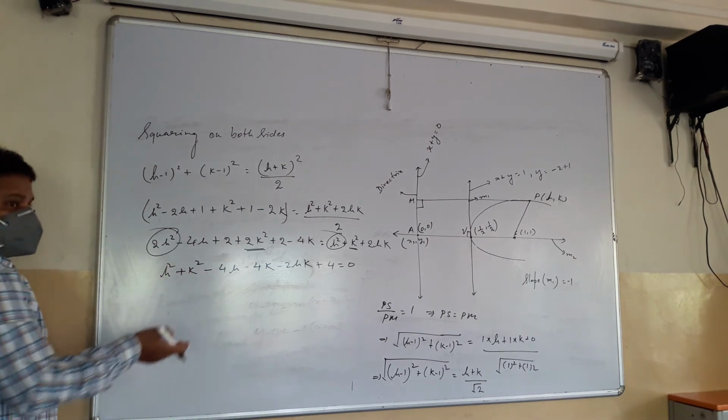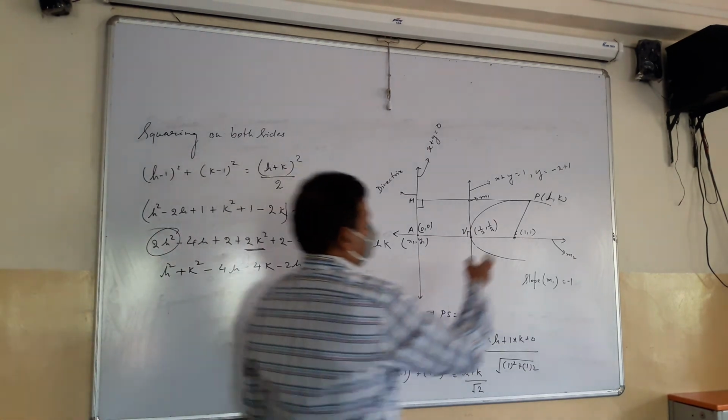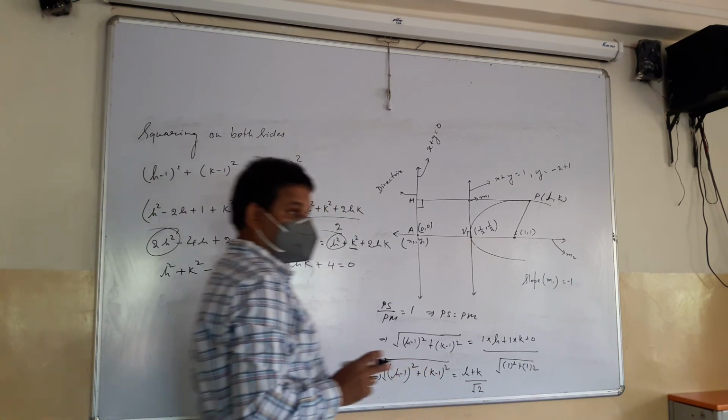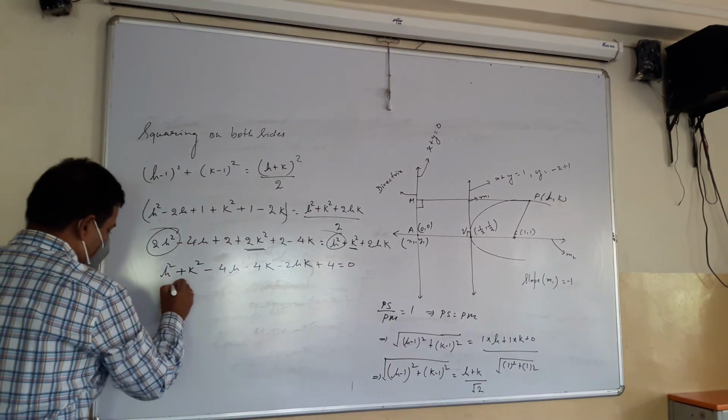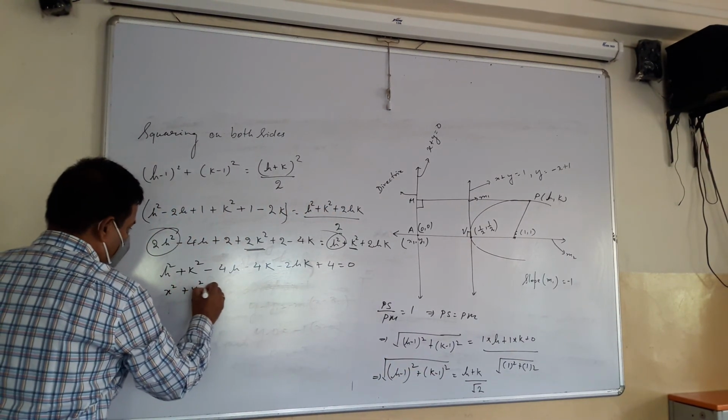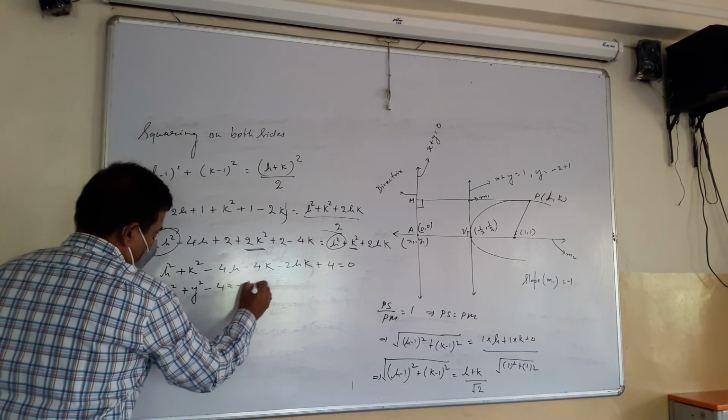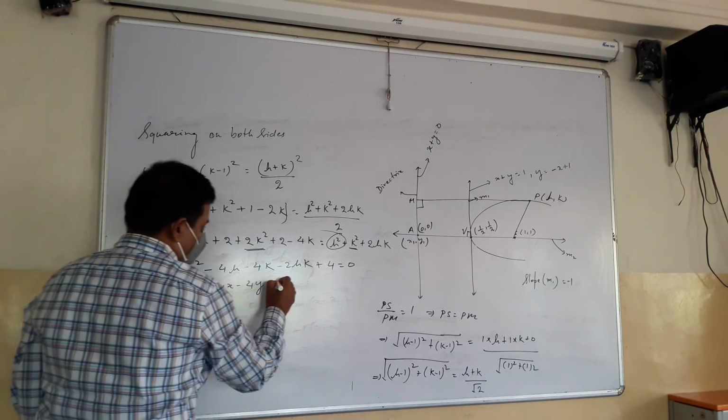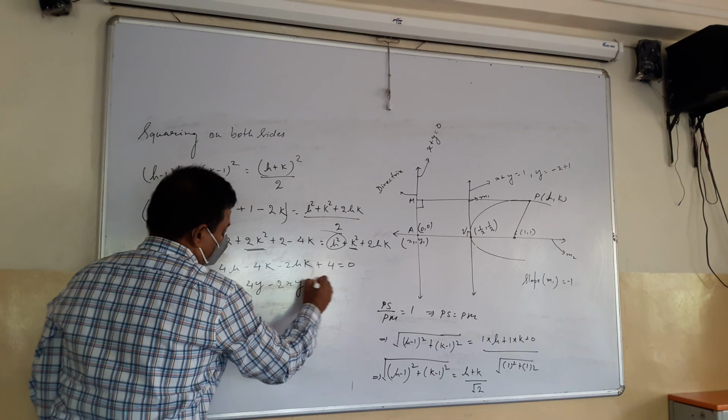Now convert h, k: h is x, k is y. So you will get x square plus y square minus 4x minus 4y minus 2xy plus 4 equal to 0.